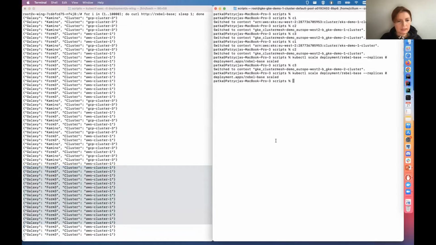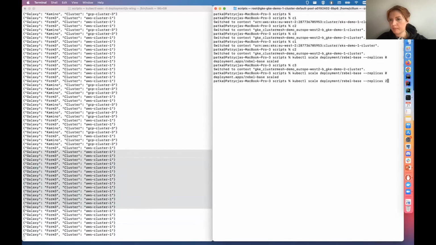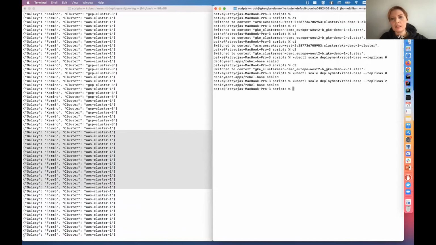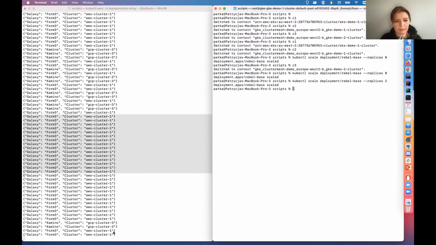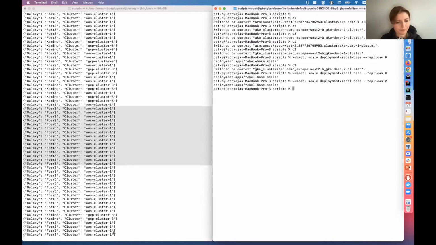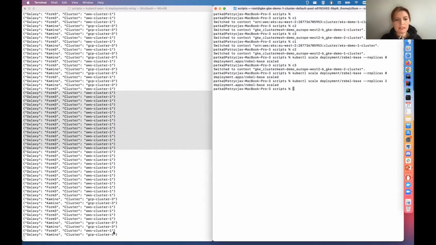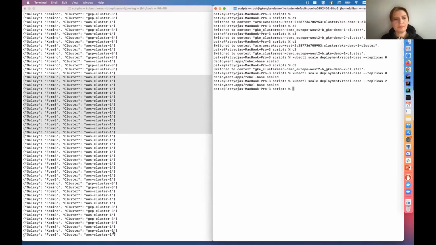But we are not that greedy, so I'm scaling back our third cluster, and we should see GCP cluster 3 responding as well. So that's our goal, to have seamless failover across multiple clouds.